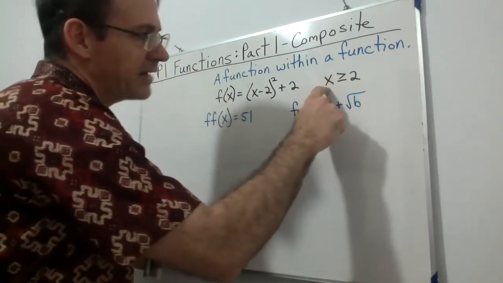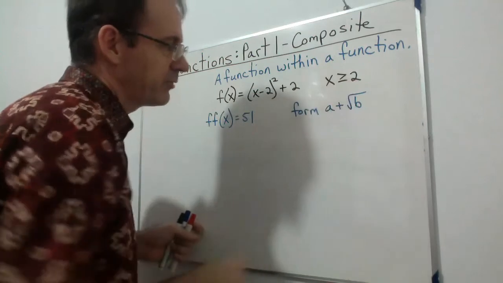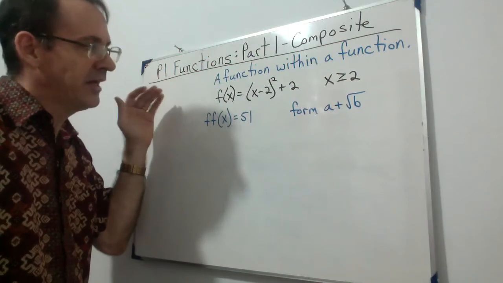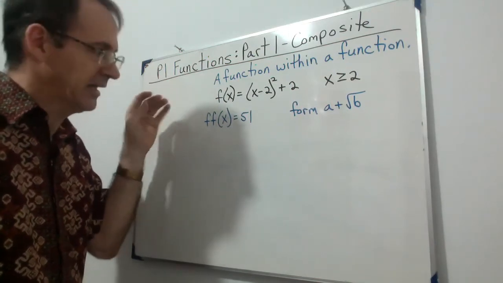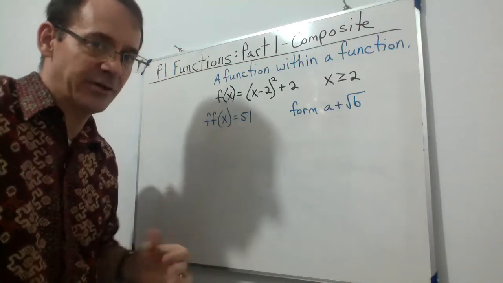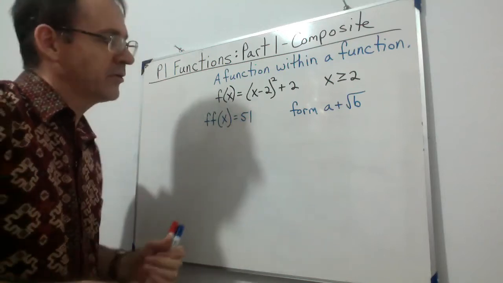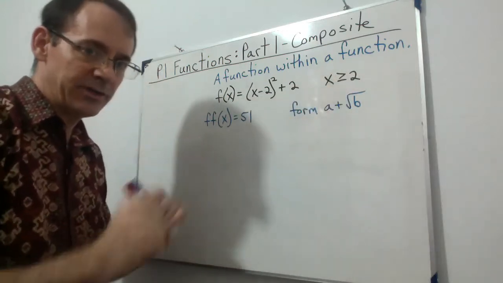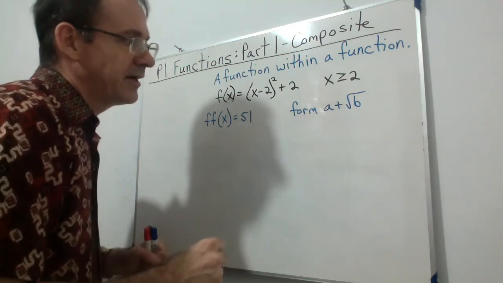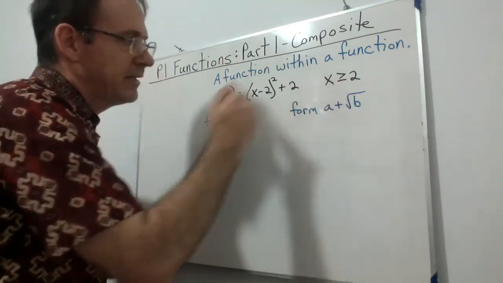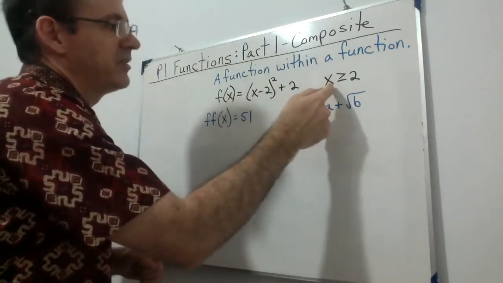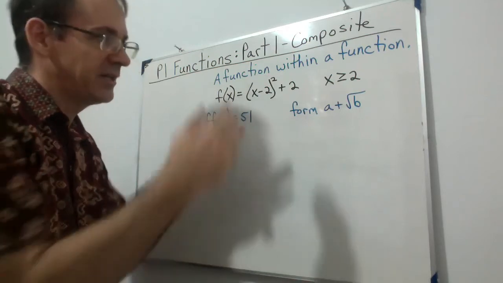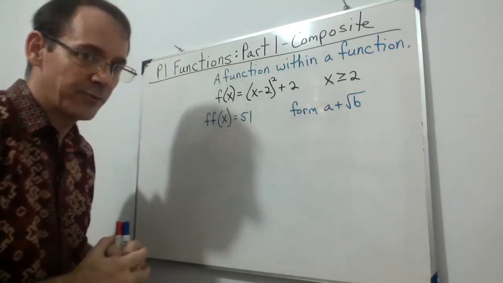But the fact that they have x greater than or equal to 2, in this particular question, they identify this as a one-to-one function, meaning it has an inverse. We haven't got to inverse yet, so this domain statement has to do with that. You don't need to worry about it right now, but you should look at the domain and consider its importance with the function. It does have an importance, but we're not ready for it yet.